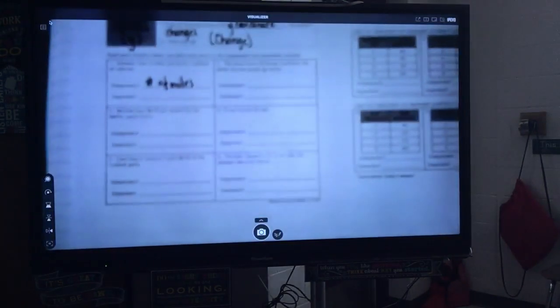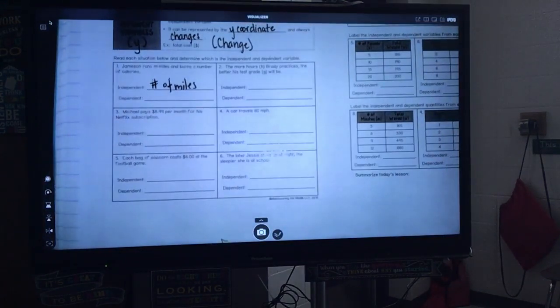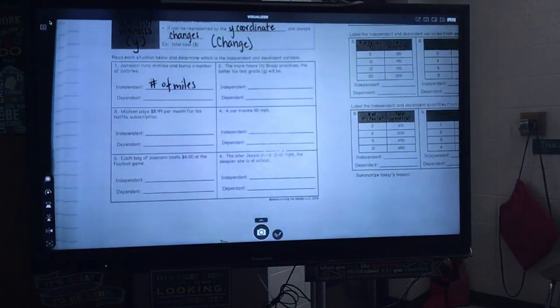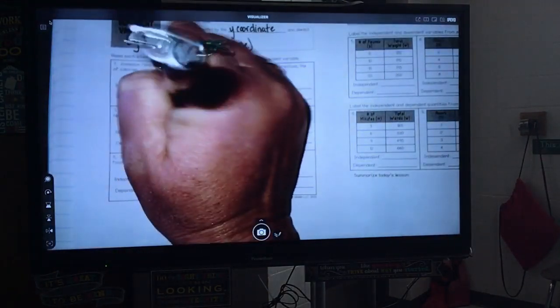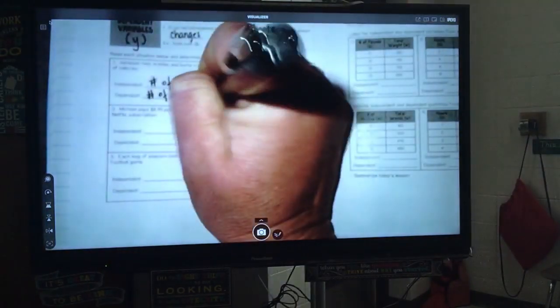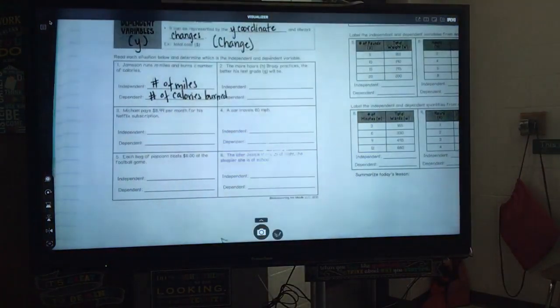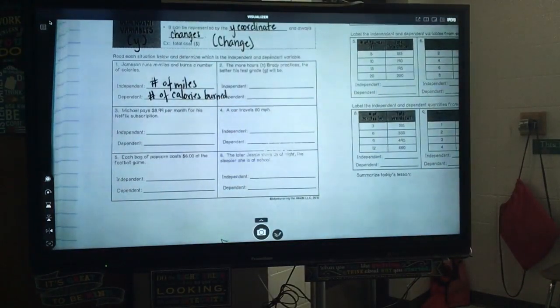The number of calories burned. If he ran 1 mile, he's going to burn X amount of calories. If he runs 2 miles, he's going to burn X amount of calories. So the number of miles determines the number of calories burned.